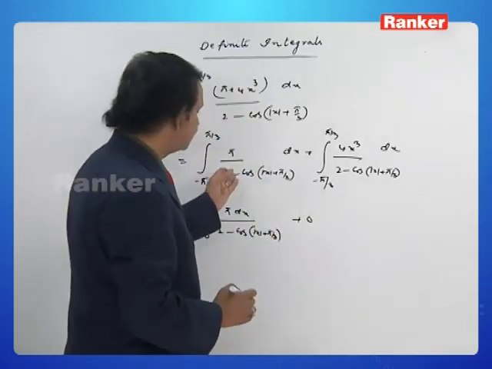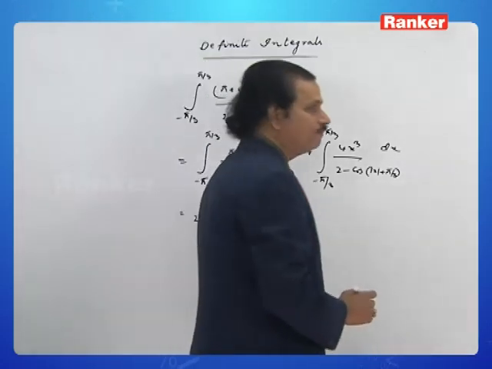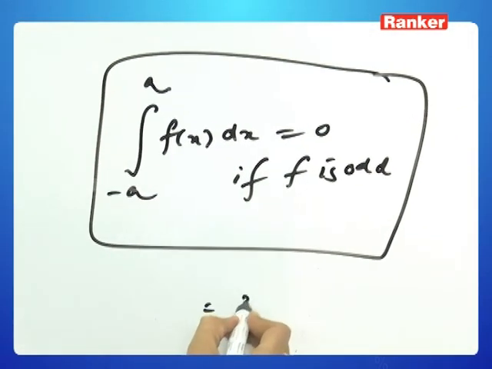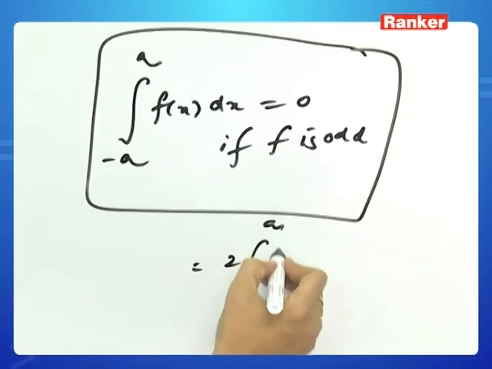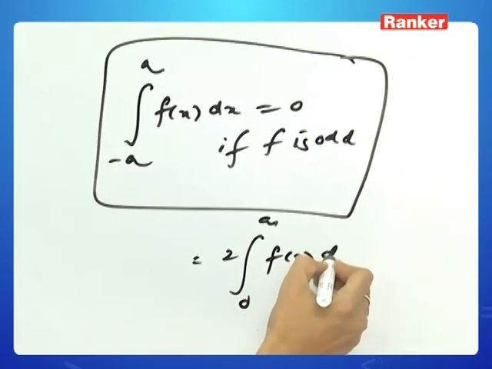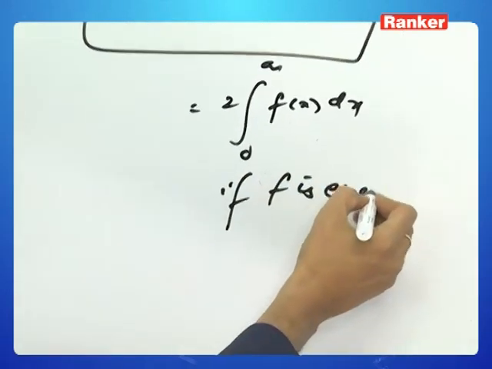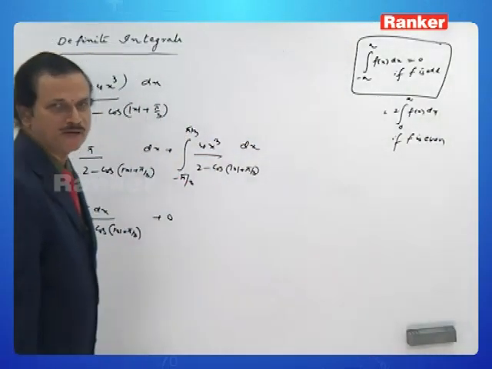Why? Because the other one is an odd function, it is 0, and this is equal to 2 into integral 0 to a f of x dx if f is even, by the same formula we could have made use of.